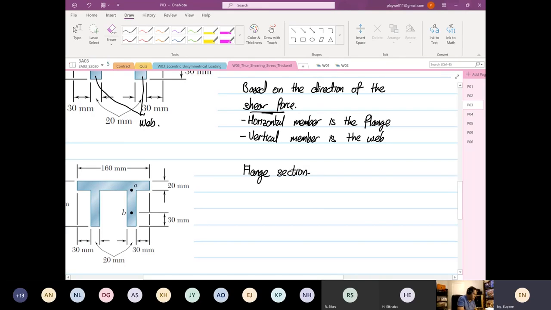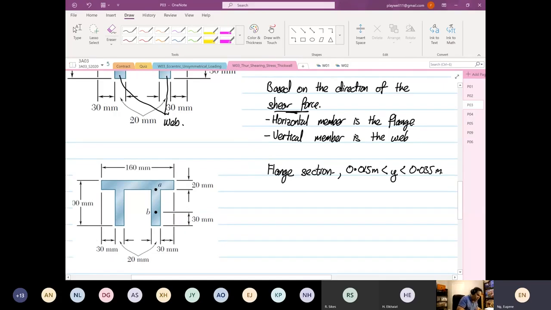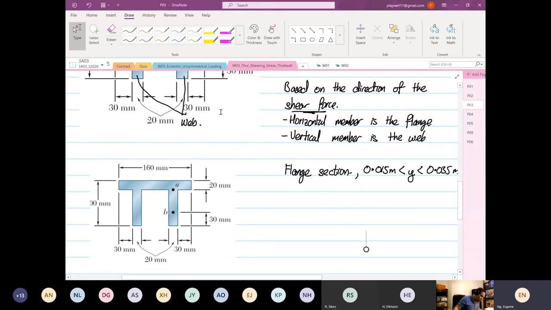So the flange section, the limits is 0.015 meters, y, and it will go up to 0.035. Okay, so now why 0.015? So we are aware that this is the centroid about the y-axis. So this is our location of ZZ.